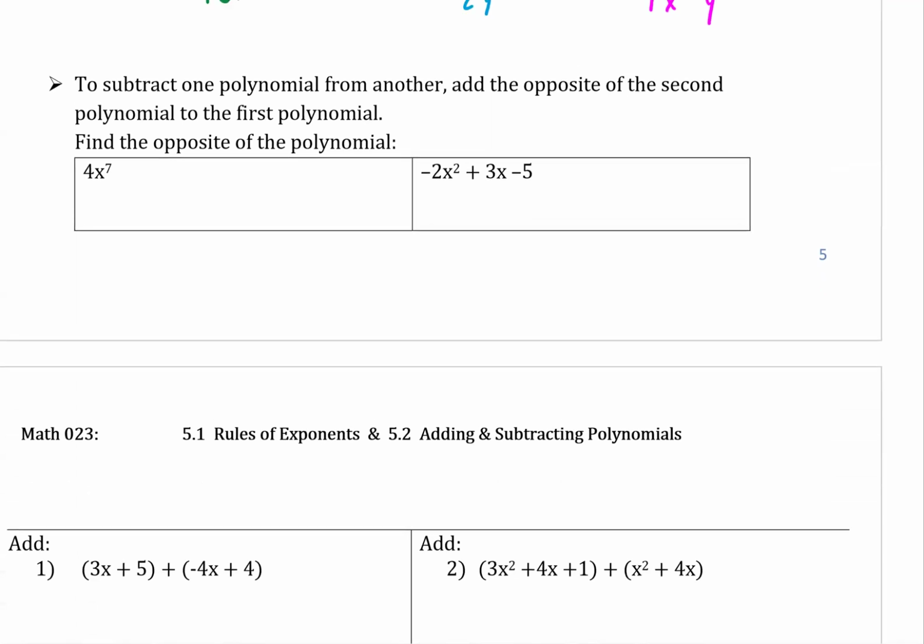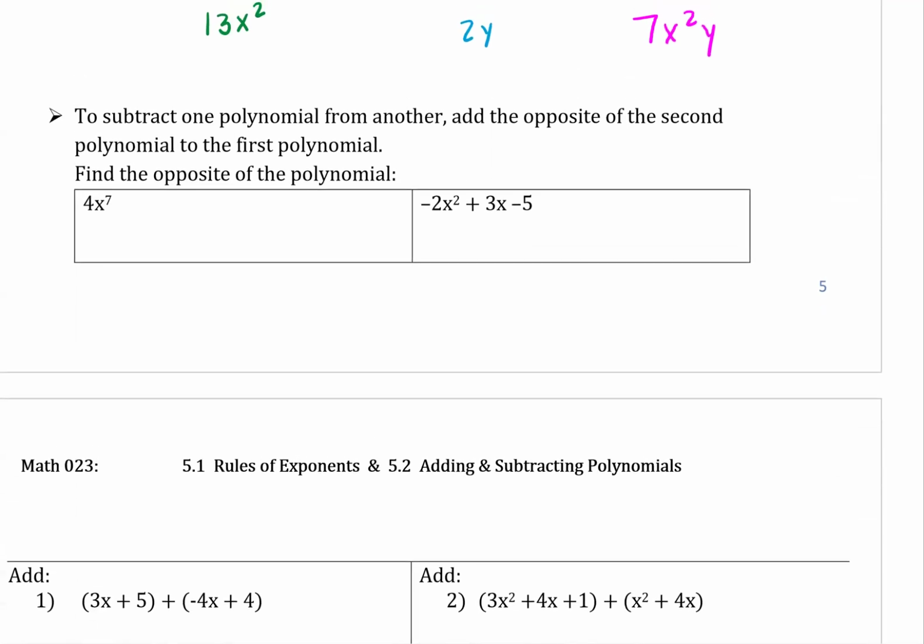To subtract one polynomial from another, add the opposite of the second polynomial to the first polynomial. Find the opposite of the polynomial. So 4x to the 7th, the opposite of a positive 4x to the 7th would be a negative 4x to the 7th.